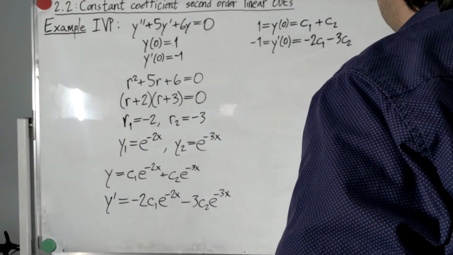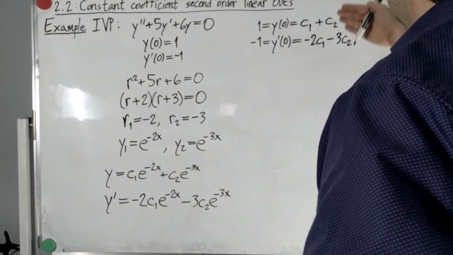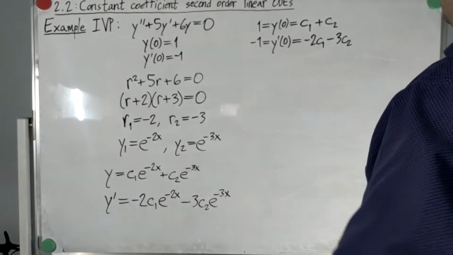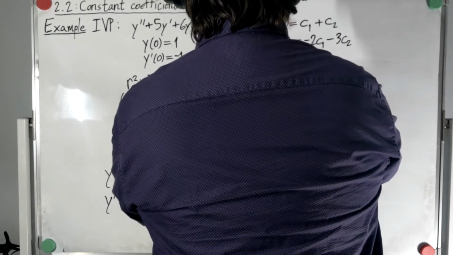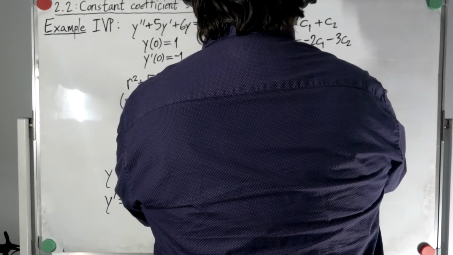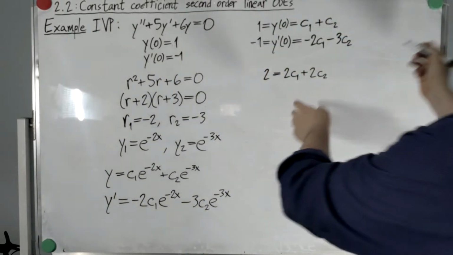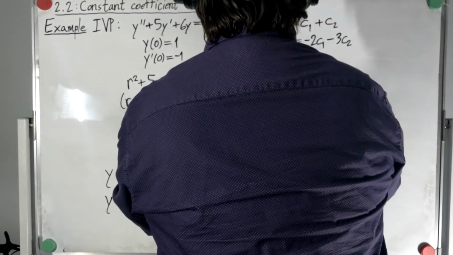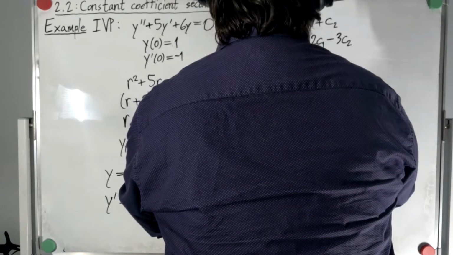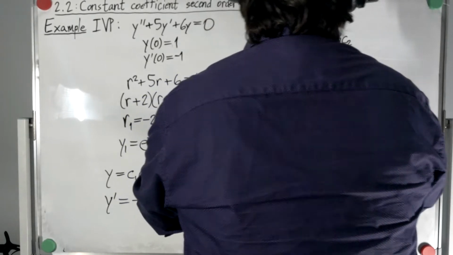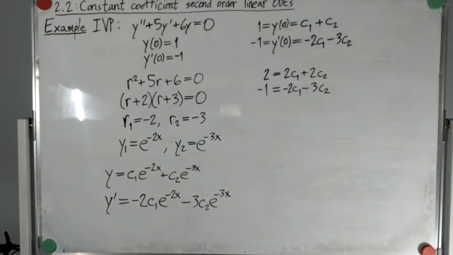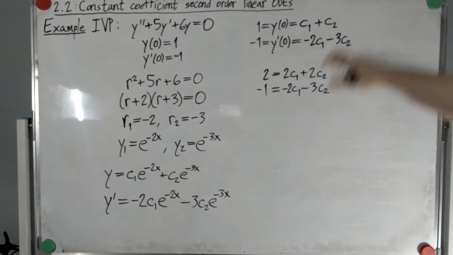Let's see, I suppose the way I most prefer to solve this system is to multiply the first equation by 2. So that will get 2 equals 2c1 plus 2c2. And meanwhile, the second equation is still -1 equals -2c1 minus 3c2. Then you can add these together.